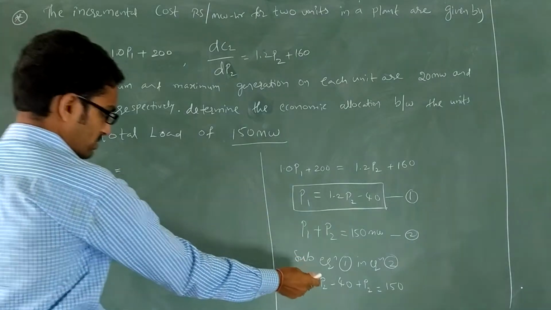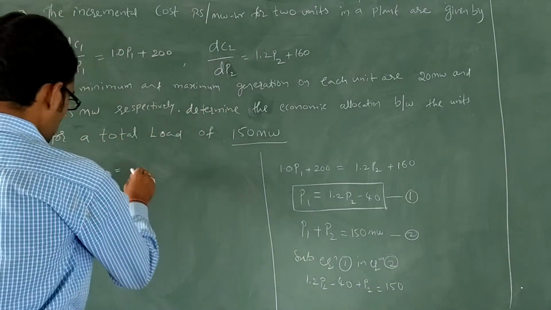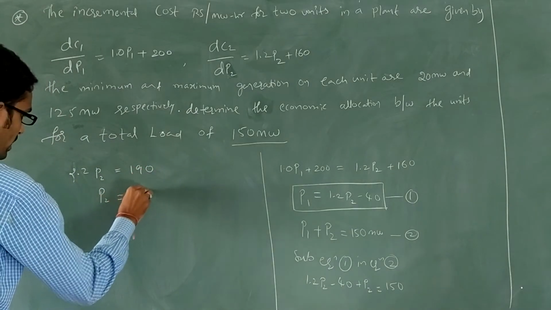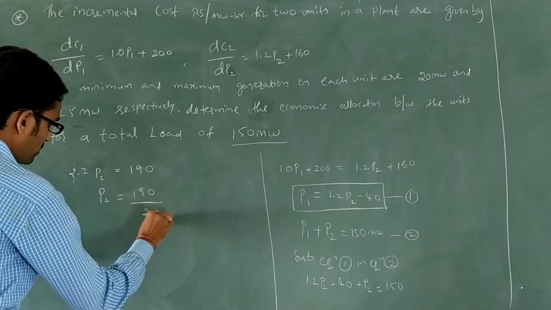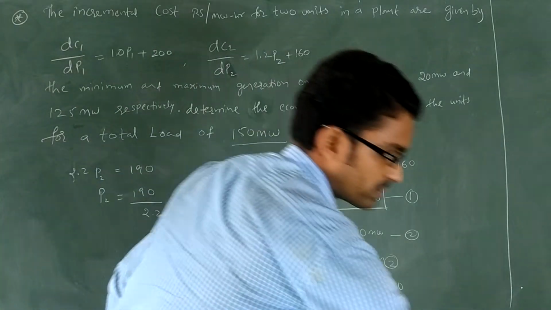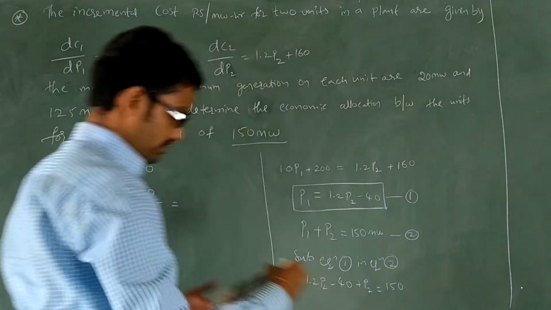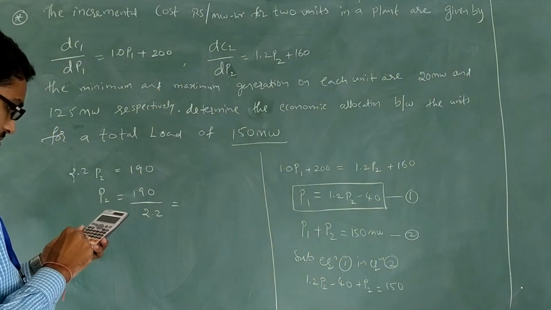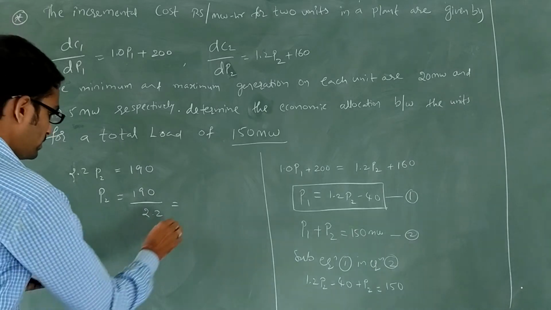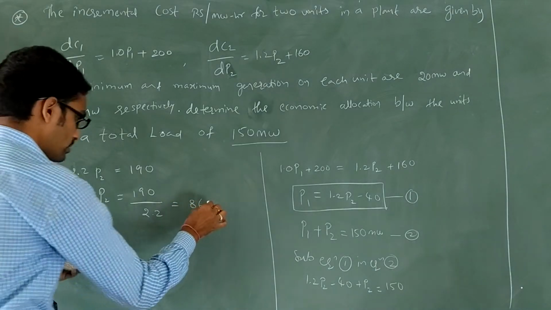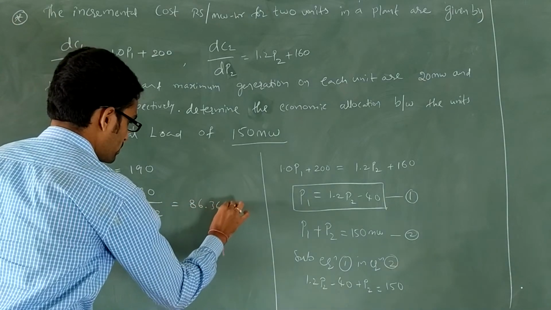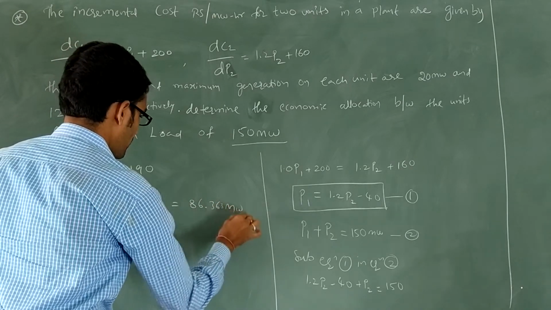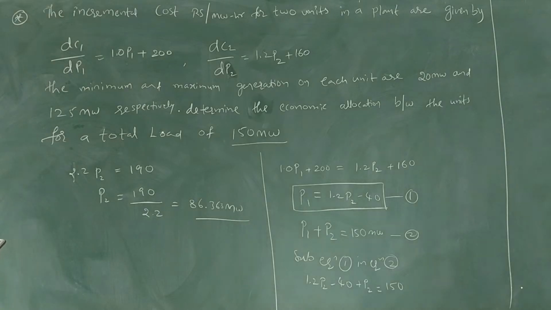If I take the minus 40 to that side, you get 190. So P2 = 190/2.2. How much do you get? 190 by 2.2 is 86.363 megawatts. So that is P2.